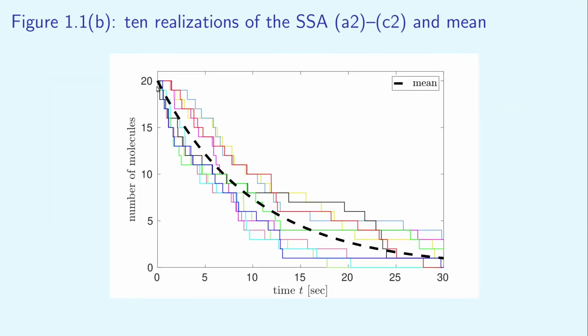Therefore, the time evolution of the mean number of molecules in figure 1.1b can be computed by an analytical formula. The same dashed line can also be computed by averaging over millions of realizations of the SSA. And it is exactly the same exponentially decreasing curve as the ODE solutions we studied previously.